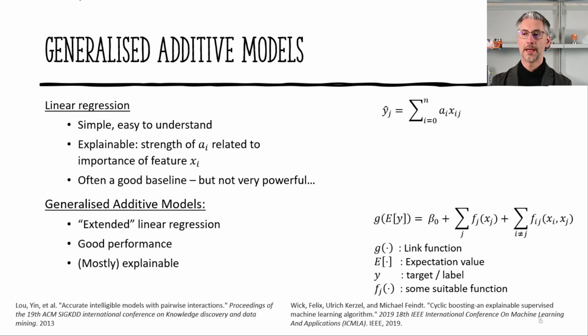We can also add pairwise interactions by having a function that operates on two of the features simultaneously. And we also don't predict the target directly, the y, but we work on the expectation value and in a different function space with a link function g. But the concept is still pretty much the same, but the power of the generalized additive models comes from the increased complexity of working with the different functions inside the definition.